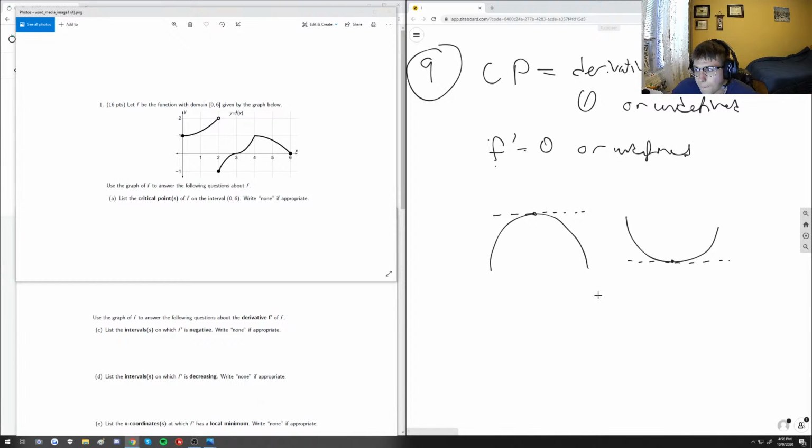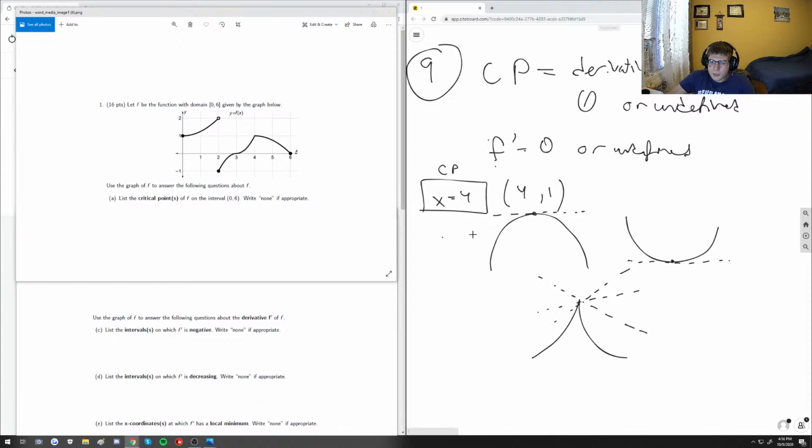Or, where there's a maxima or a minima, but because there are so many ways you can draw a tangent line, we have an undefined derivative. So at x equals 4 is one critical point, and that's really the only other point. To be more specific, it's (4, 1).